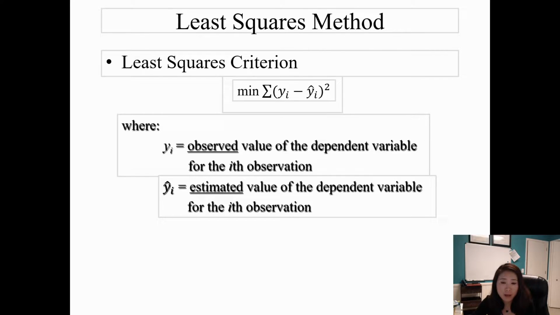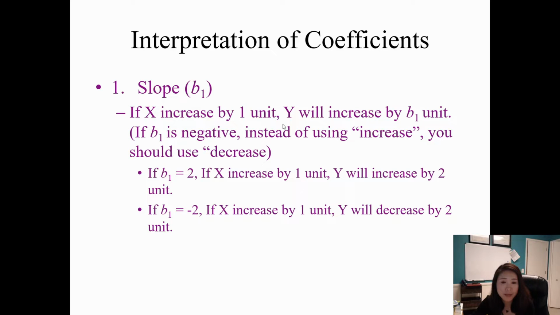After you estimate the values for B0 and B1, I'm always going to ask you to interpret the slope. After you get the value for the slope, this is the interpretation formula to guide you in writing your interpretation. Let's say the slope equals B1. How are you going to interpret B1?